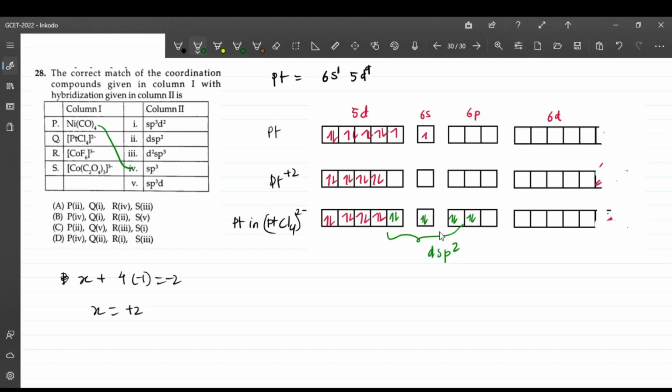Hybridization is dsp2. Right? Meaning over here this is directly given. dsp2. Now CoF6 means either sp3d2 or d2sp3. Okay, so I'll clean this part.